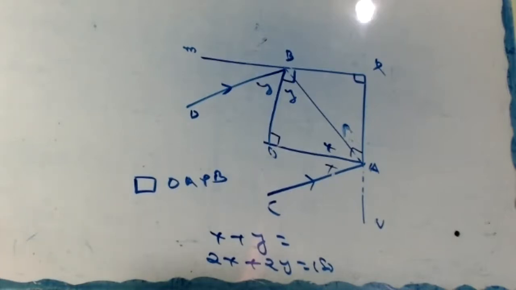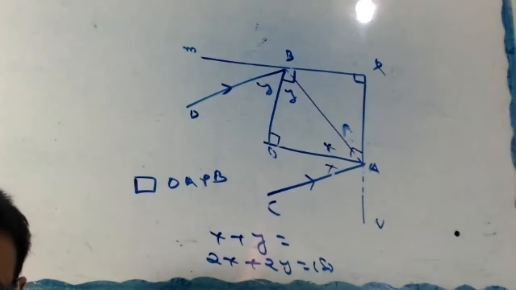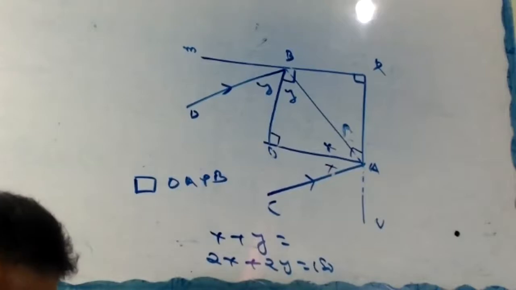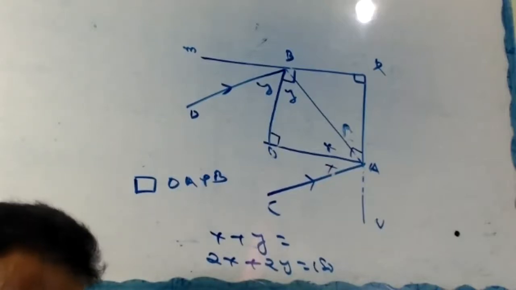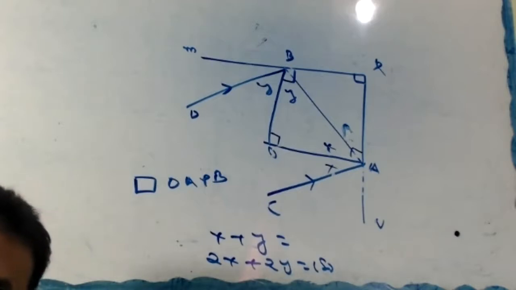Then, hence, angle x plus angle y, x plus y equal to 90 degrees. Bracket, angle sum property of a triangle.